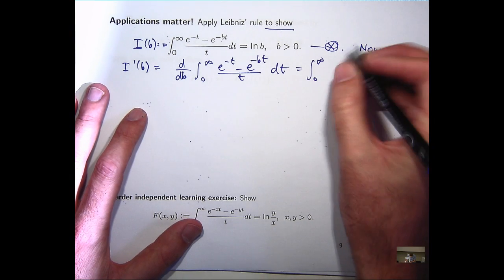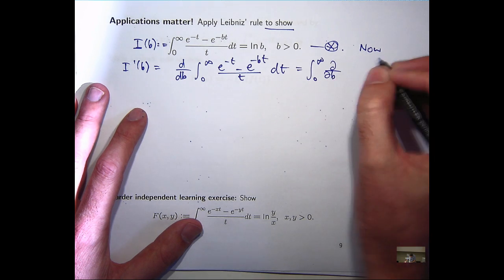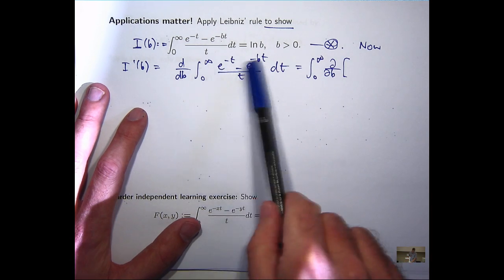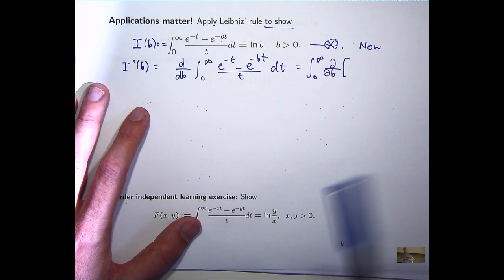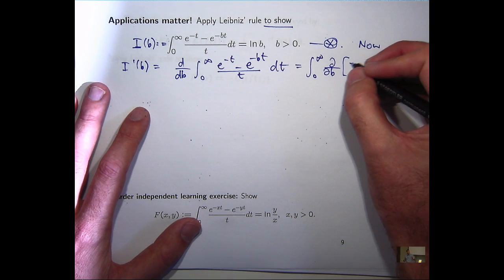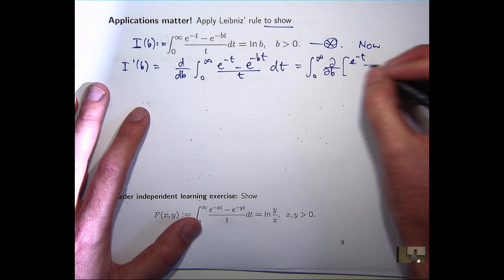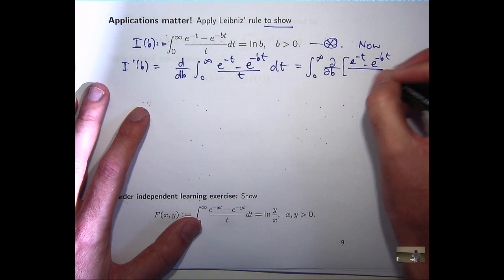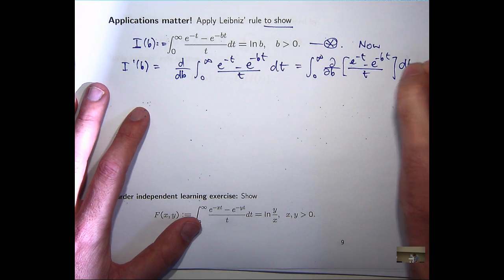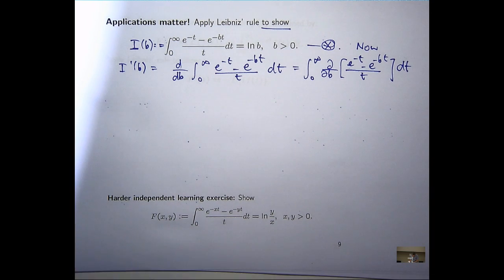Now, we're tacitly assuming that all of these improper integrals converge. That's okay. We won't be too concerned about that in our study. So that was using L1 on the right-hand side.